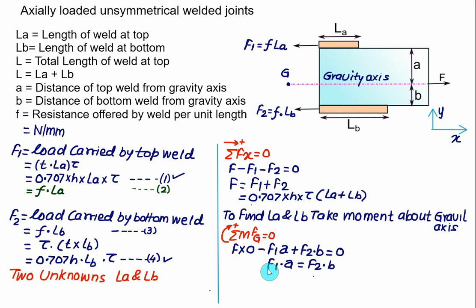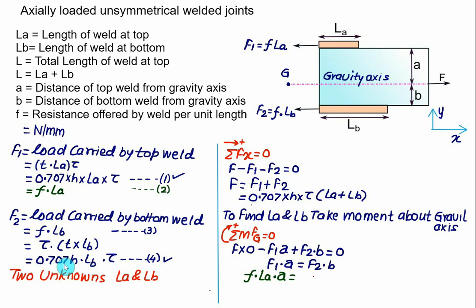At this stage, we can replace F1 with 0.707 H multiplied by LA multiplied by tau, or for simplicity and quick calculation we can write F into LA also. So F1 is replaced as F into LA into distance A. F2 we can replace as F into LB, or 0.707 H LB into tau.